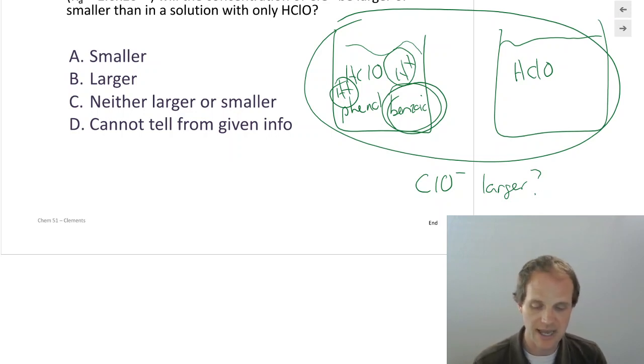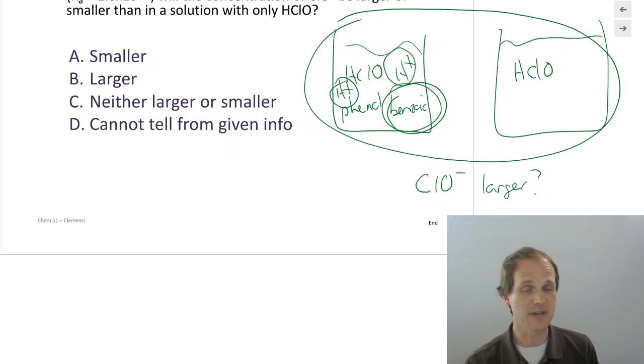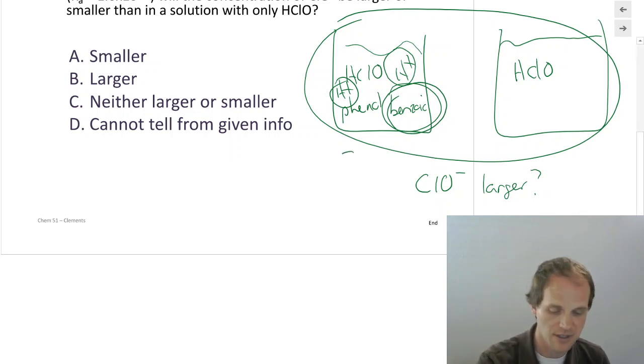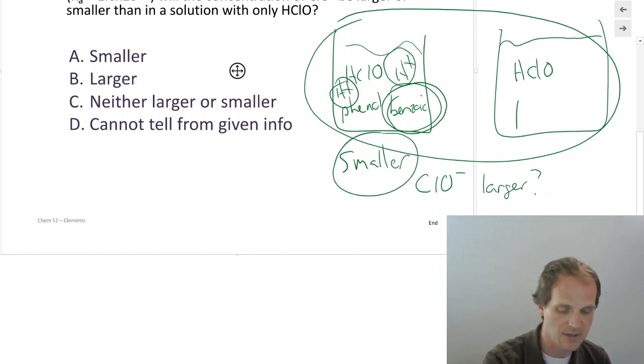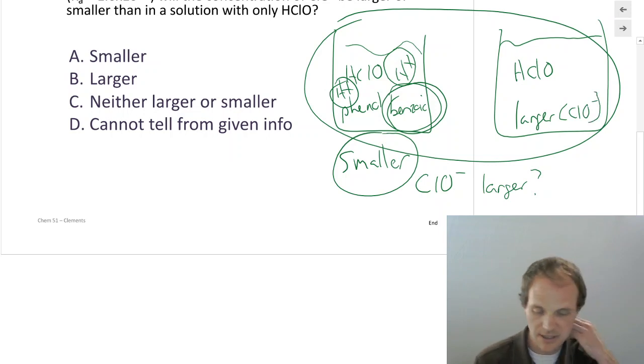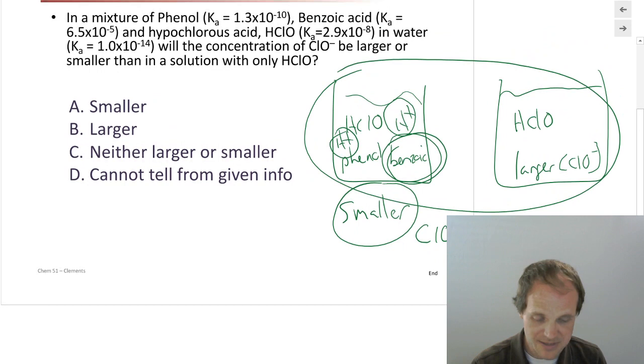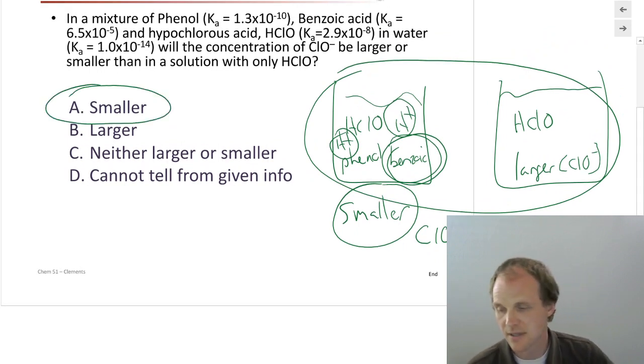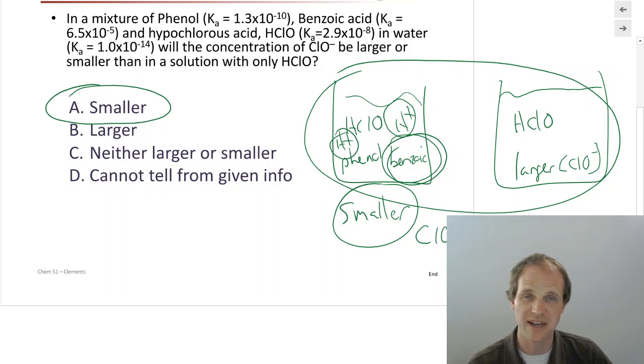And so you're going to have not as much HClO dissociating, and a smaller concentration of ClO minus in this one and a larger concentration of ClO minus in this one. So the concentration of ClO minus will be smaller in the mixture than it is in the one all by itself.